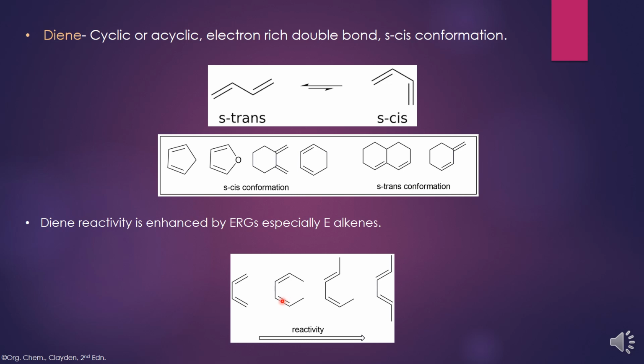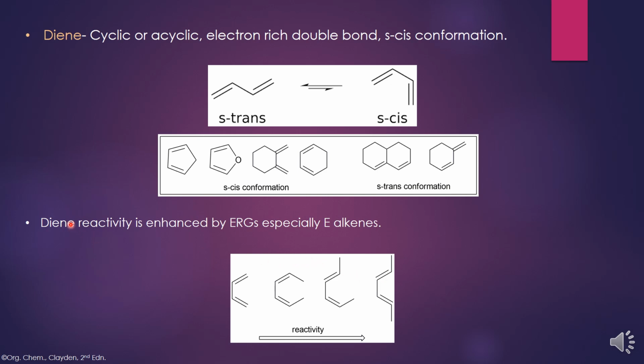Here also the priority groups of the double bond are in cis position. Hence both double bonds are Z, so this diene is ZZ configuration. Here we can see this is E and this is Z, and here it is E and this is Z. And we can see that the reactivity increases when it comes to the EE alkenes.